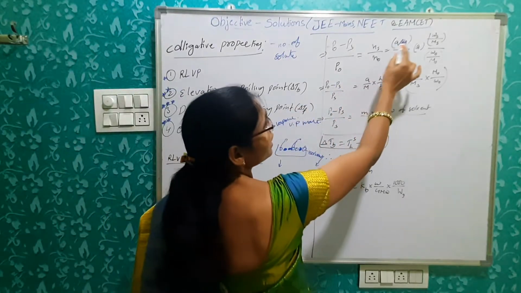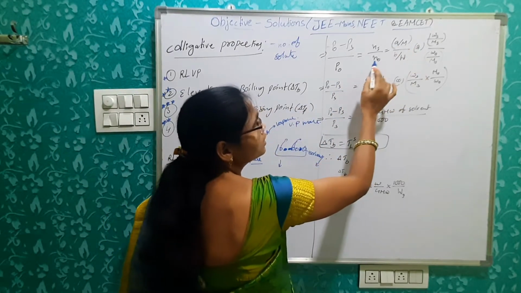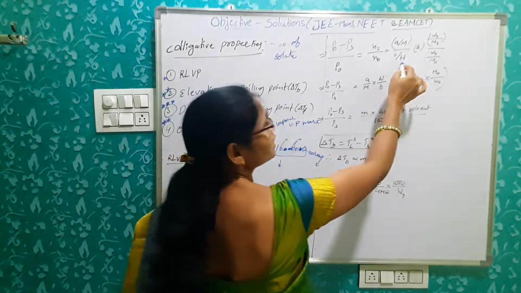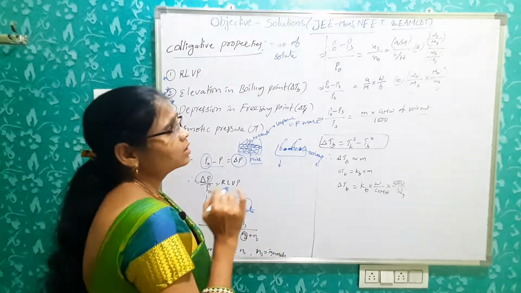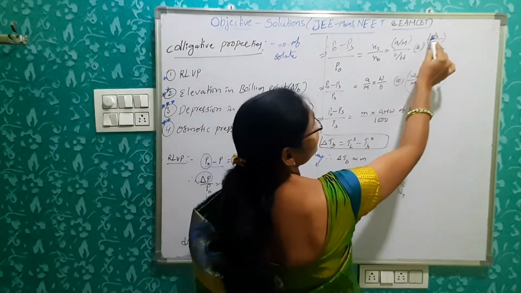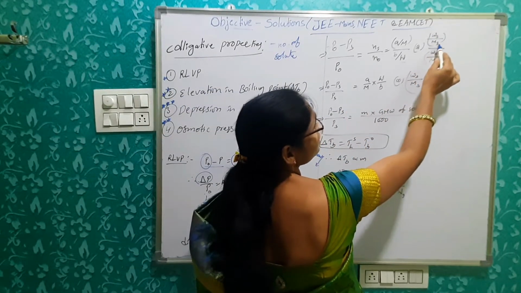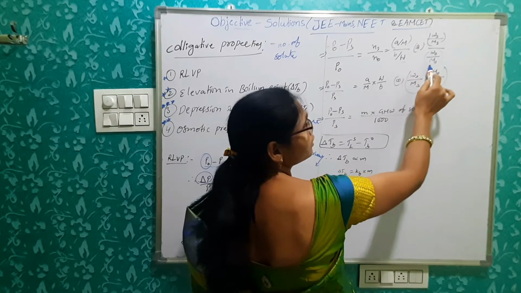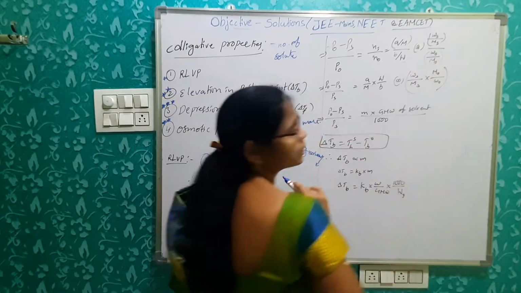NS means weight by gram molecular weight of solute, and N0 means weight of solvent by gram molecular weight of solvent. So you can also take WS as weight of solute, MS as molecular weight of solute, W0 as weight of solvent, and M0 as molecular weight of solvent.